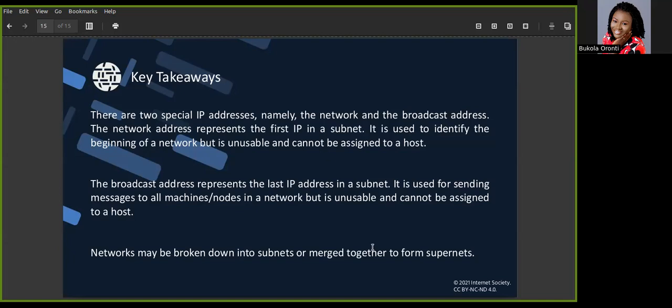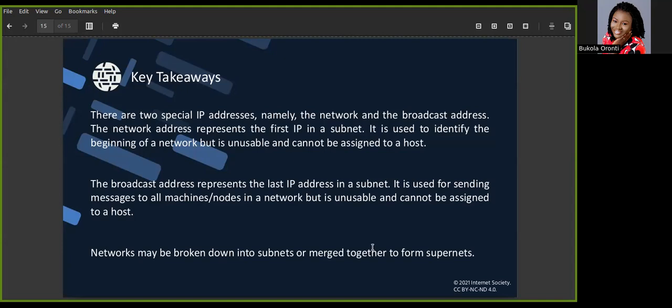Like we said, the network address represents the IP in a subnet, and it is used to identify the beginning of a network. But that particular IP, you cannot use it and you cannot assign it to a host. And the broadcast address represents the IP address in a subnet also. It is used for sending messages to all hosts or nodes in a network. It is also unusable.